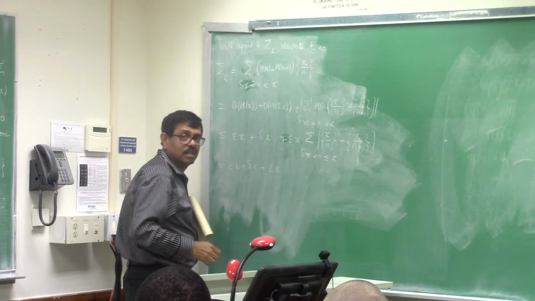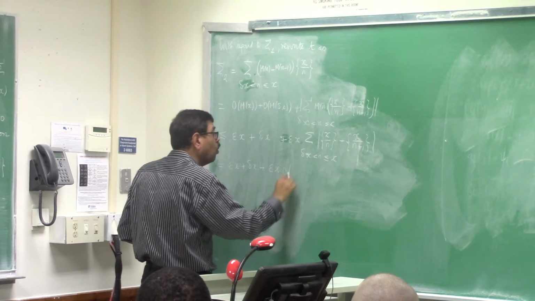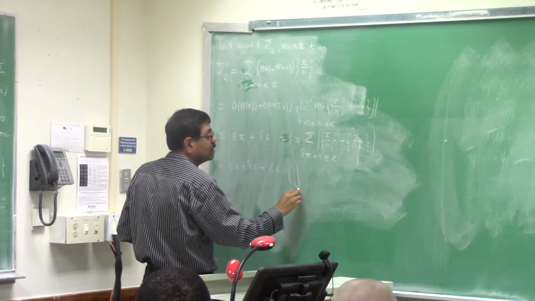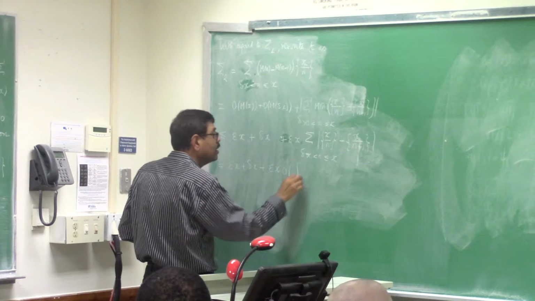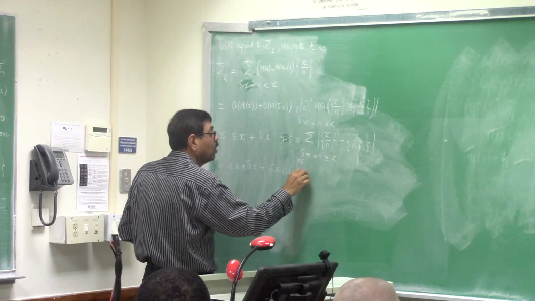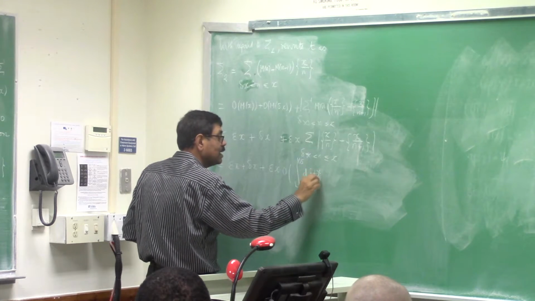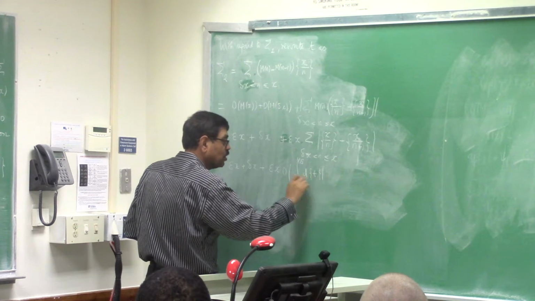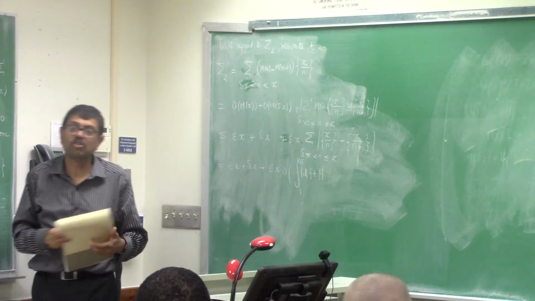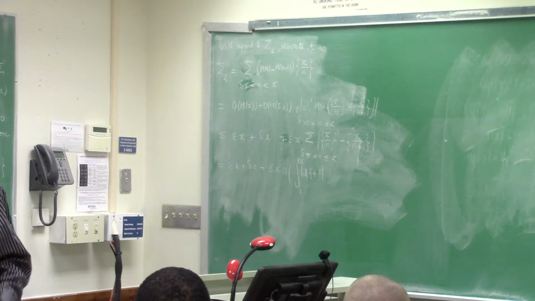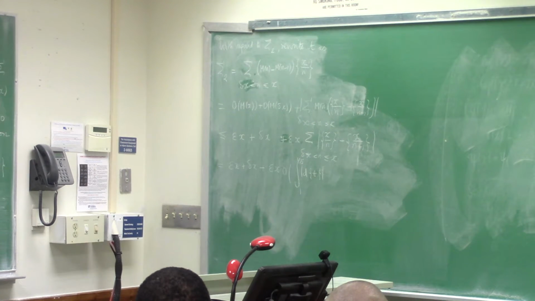What is this? This is capital O of the integral from 1 to 1 over delta of d, fractional part of t, absolute. So you understand this? Total variation. The total variation of a function is the integral of absolute df.